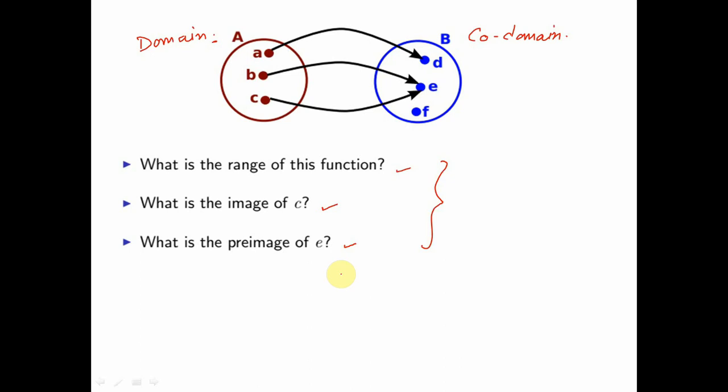Condition number 1 says all the elements of the set A must participate in the mapping, and condition number 2 says each element of set A must be mapped to a unique element in the set B. In terms of arrow diagrams, it means that from each element of the set A, there must start one and only one arrow towards the set B.